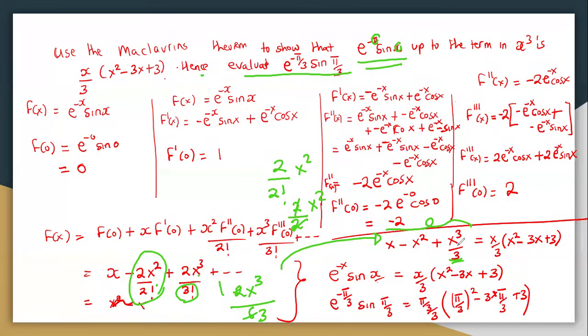Now, the x over 3 is there because the question wanted us to pull it out. Whenever you pull out something, like x over 3, where initially we had x minus x squared plus this, you take what you have remained with and divide by what you have pulled out. So x divided by x over 3 is x times 3 over x. The x cancels, and we remain with a 3.